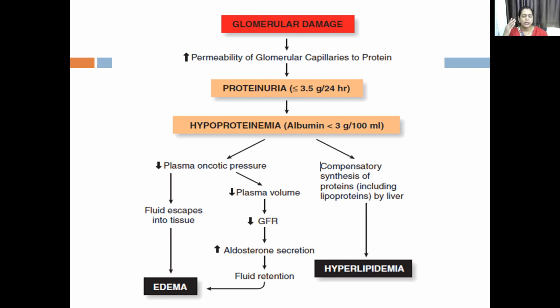Because of the plasma protein leak, there is proteinuria and hypoproteinemia, and whenever there is hypoproteinemia, there is decreased plasma oncotic pressure. You know that oncotic pressure and hydrostatic pressure are maintained in the blood vessel, and the blood flow itself is maintained by these two. The plasma oncotic pressure is decreased, so fluid escapes into tissues causing edema.